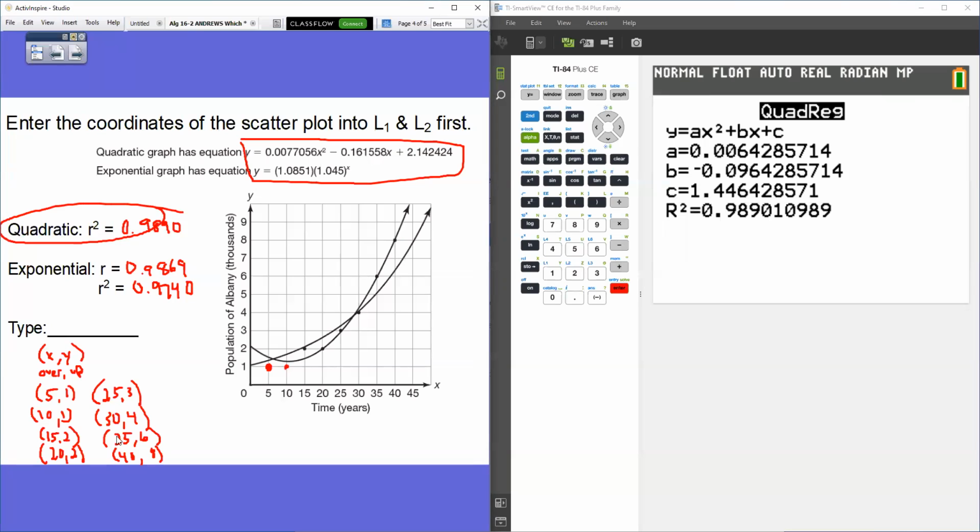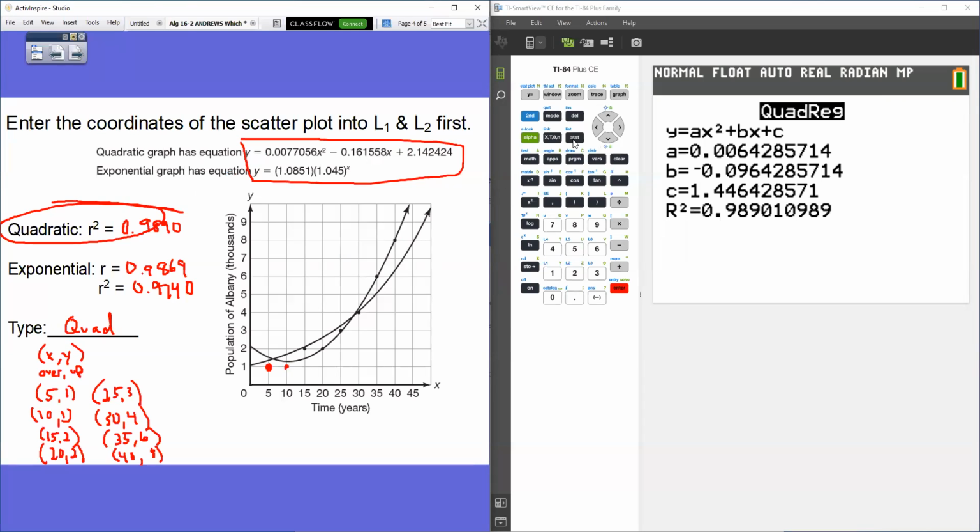That actually makes more sense than what I have on my sheet of paper. The quadratic is the closest one to 1 because we have 989 rather than 986. So this is the closest one to 1, so it has to be quadratic. I'm going to have to fix this one. Oh, yeah, no, that's right. That is definitely right.